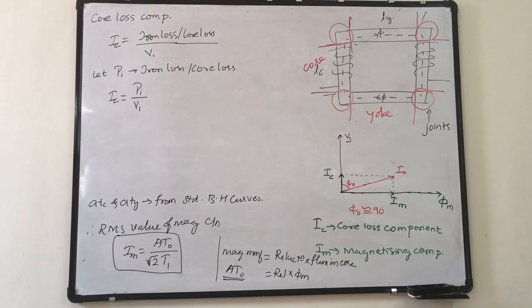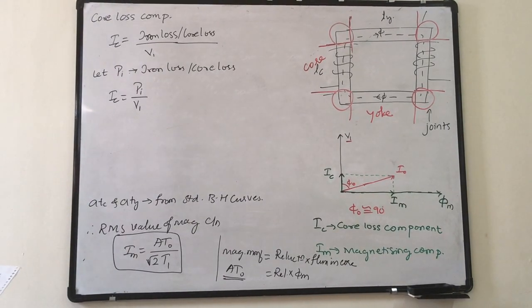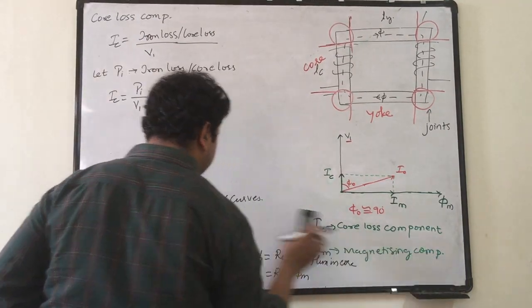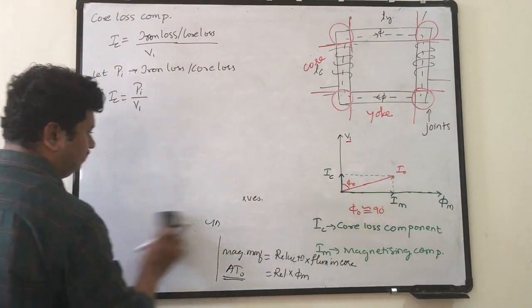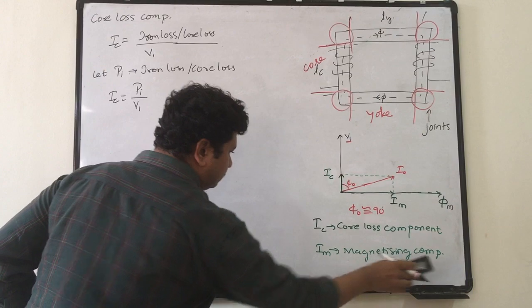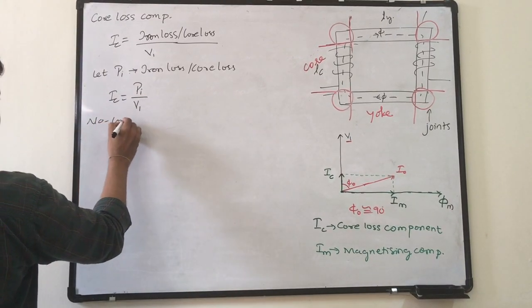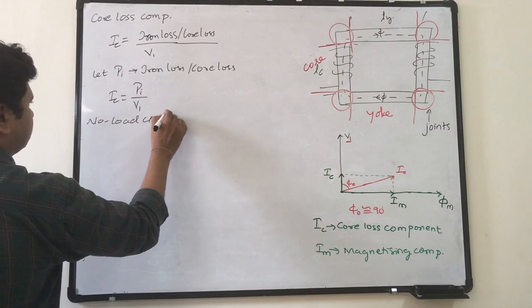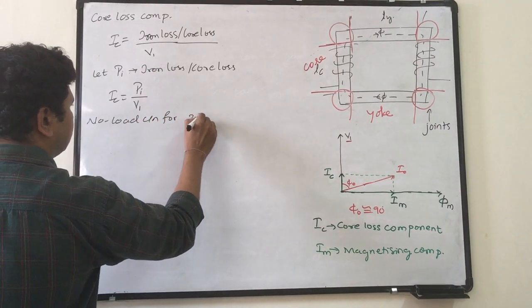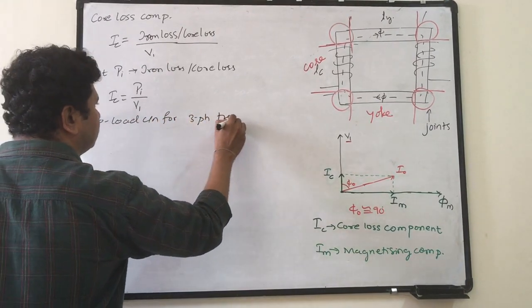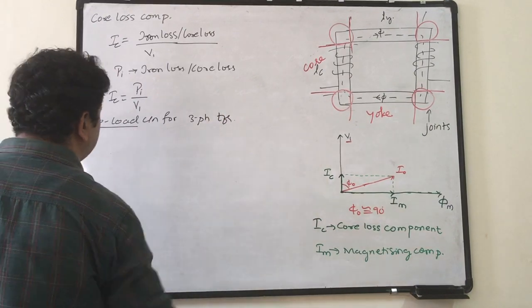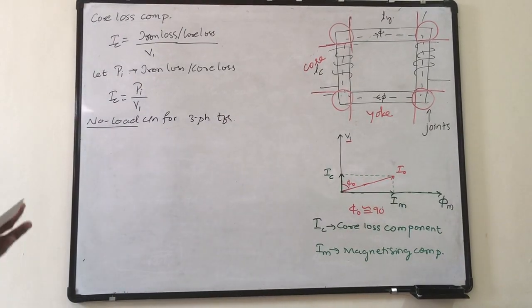Then, no load current for a 3-phase transformer. For a 3-phase transformer, I will have 3 cores and 2 yokes.